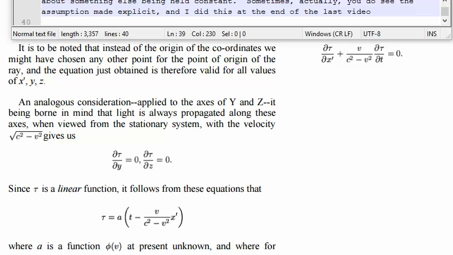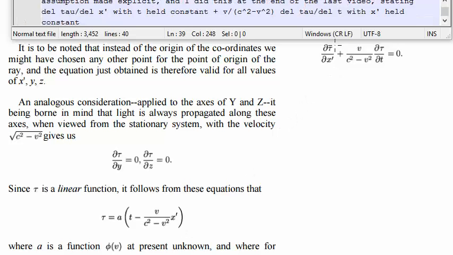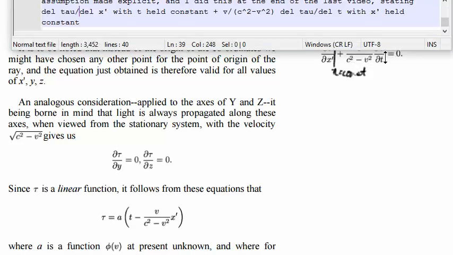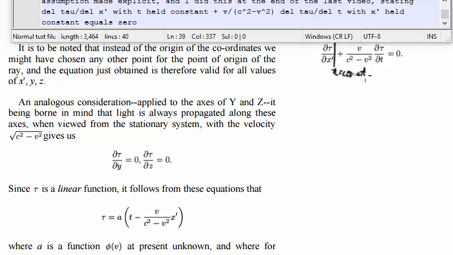Sometimes you do see the assumption made explicit, and I did this at the end of the last video, stating that del tau del x prime with t held constant plus v over c squared minus v squared del tau del t with x prime held constant, and this is the same thing as holding x equals vt, all of that equals 0.